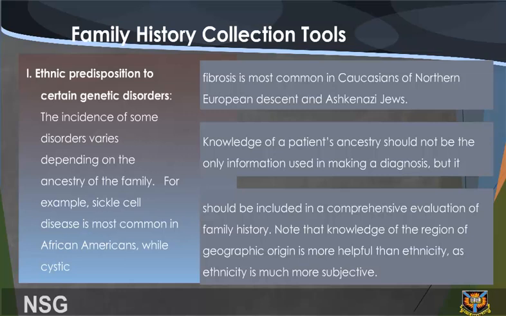Knowledge of a patient's ancestry should not be the only information used in making a diagnosis, but it should be included in a comprehensive evaluation of family history. Note that knowledge of the region of geographic origin is more helpful than ethnicity, as ethnicity is much more subjective.